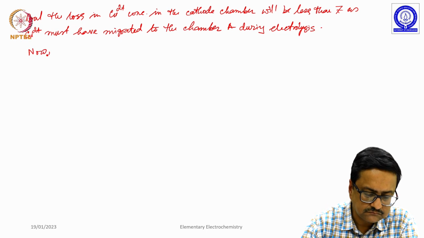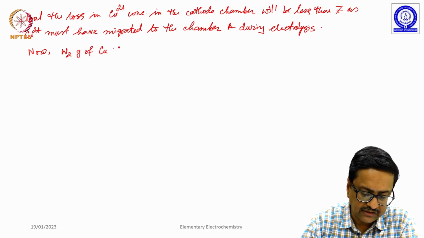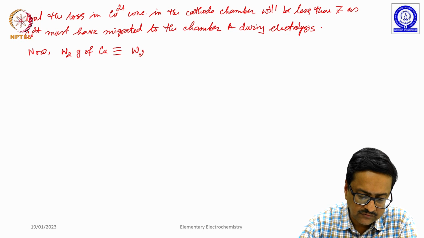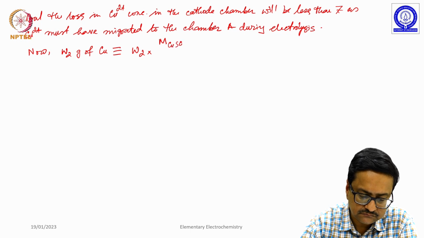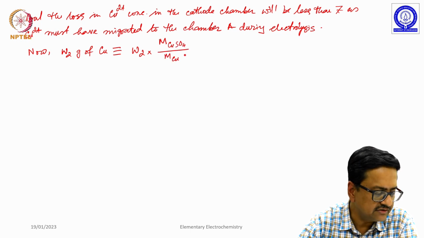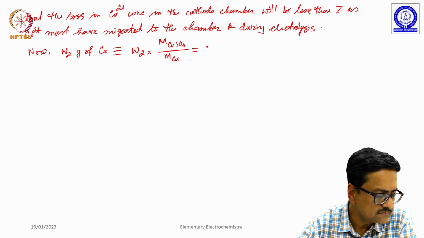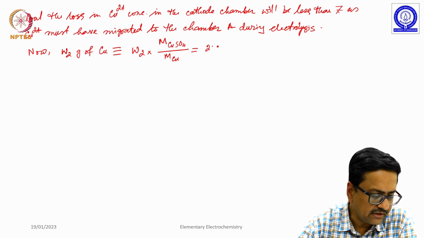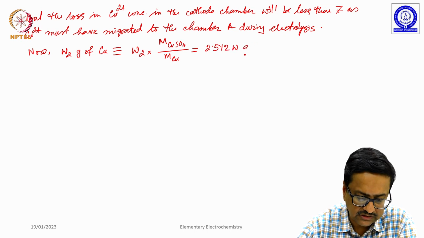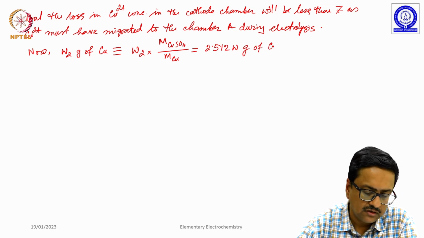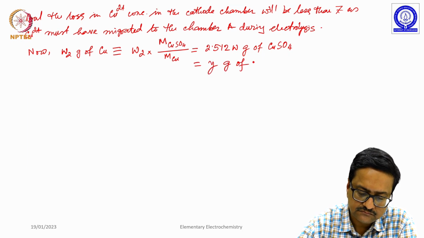Now, W2 gram of copper is equivalent to W2 into MCuSO4 by MCu, that is molecular weight of copper sulphate by molecular weight of copper, which is equal to 2.512 W2 gram of CuSO4, which we write as Y gram of CuSO4.